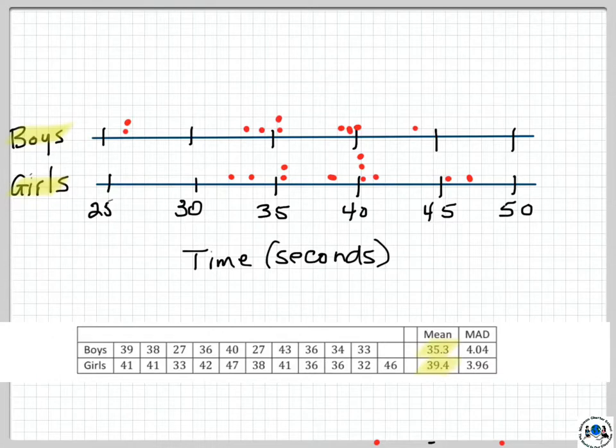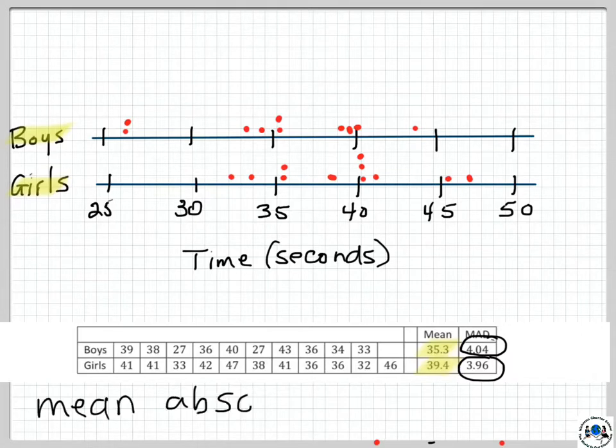I mean, we know that the boys had a faster mean time, girls had a slightly higher mean time. Now these MADs, these mean absolute deviations, gosh, I can't remember this. They're not giving any kind of formula for these yet. Let me just write this down here: mean absolute deviation.